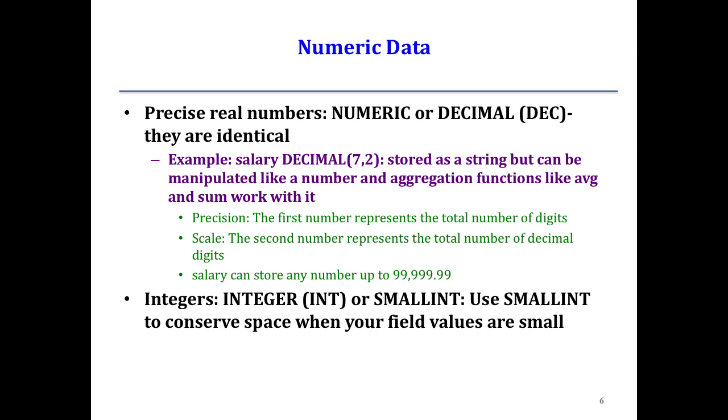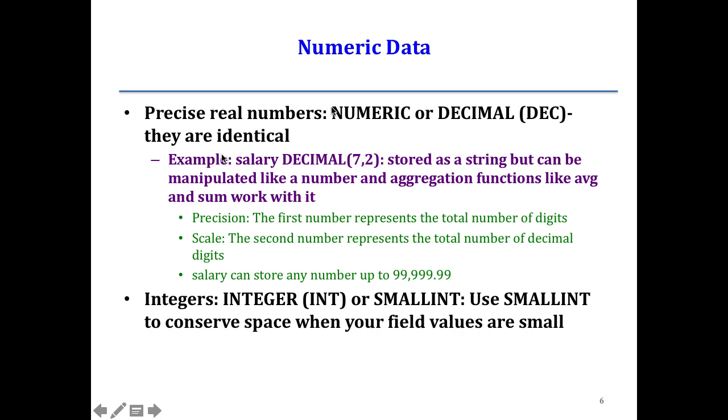So banks and businesses find it really important to precisely represent even cents. Okay? So in a database, there is a difference between 0.32985 and 0.33.